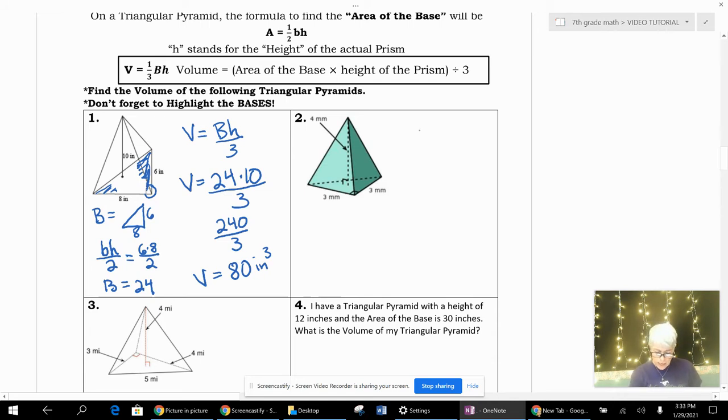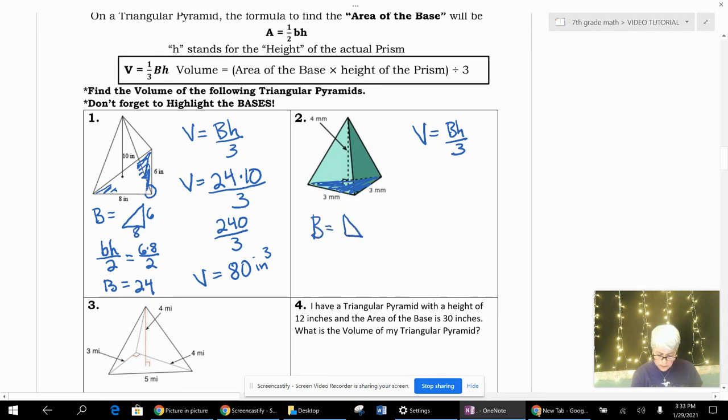Next one. It is a pyramid. I can tell because there's a point on the top and one base. So we have big B times H divided by 3. Okay, I'm going to shade the base in. And remember, in any of these videos, you can always pause and get ahead and see if you're doing it correctly. So I have my bottom right here, and it looks like they have another right triangle.